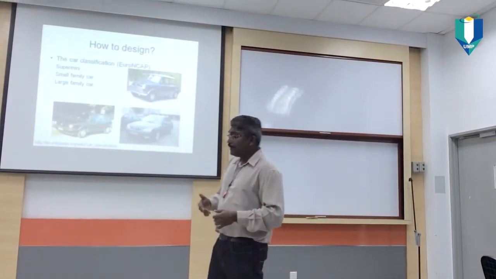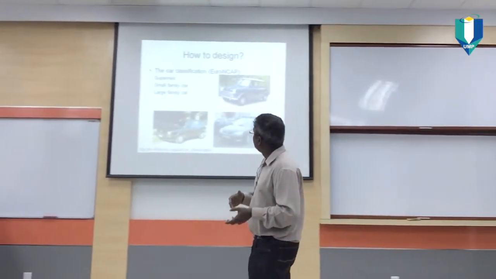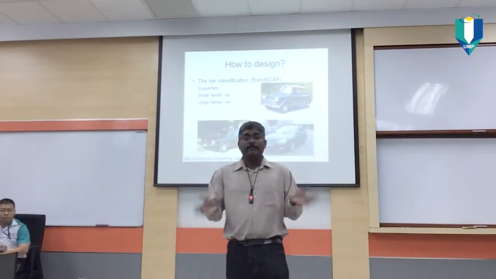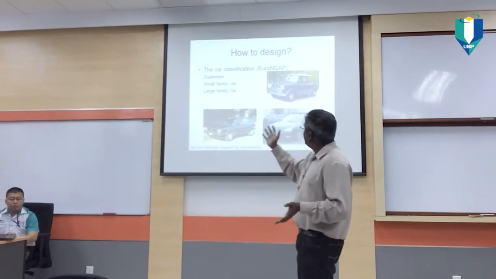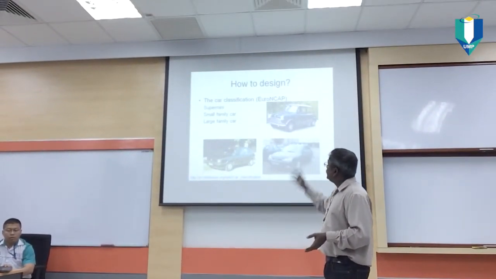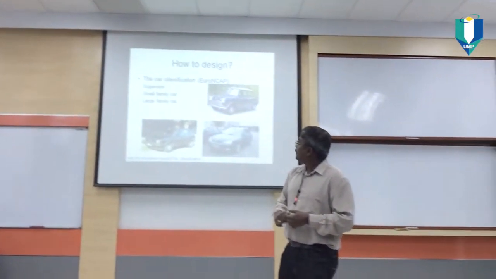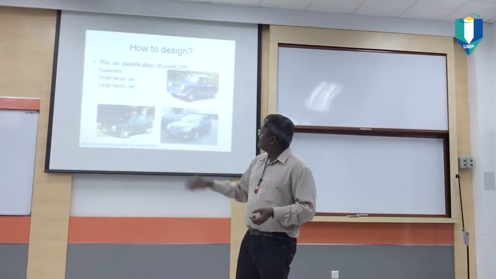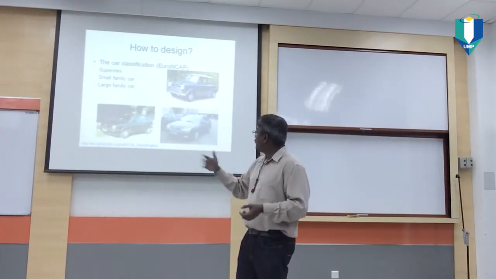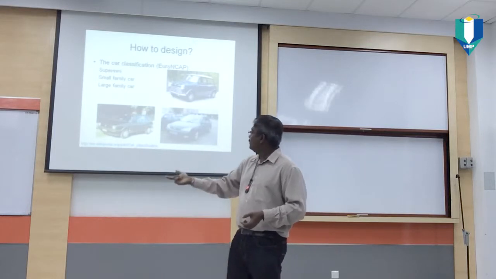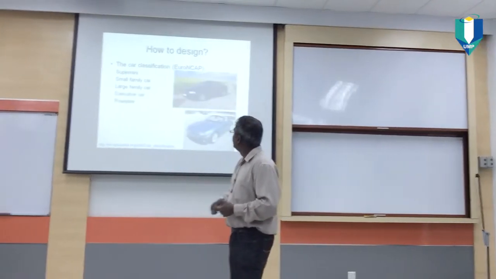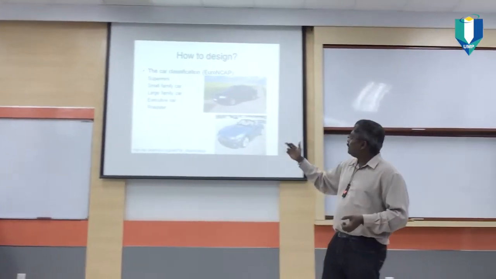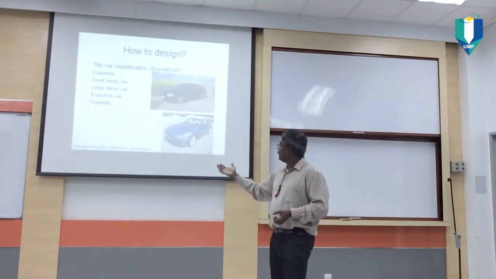In terms of design itself, you have to look at what is available now. Right now cars are classified with Euro NCAP. They start with the super mini, the small family car, to the large family car. Next, you also have the executive car and roadster.